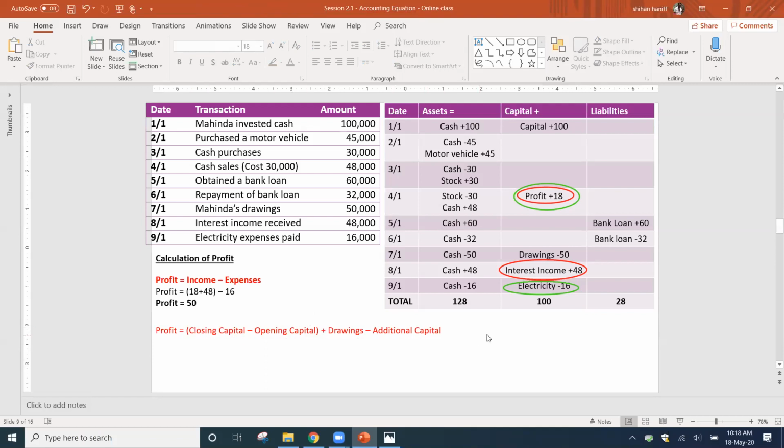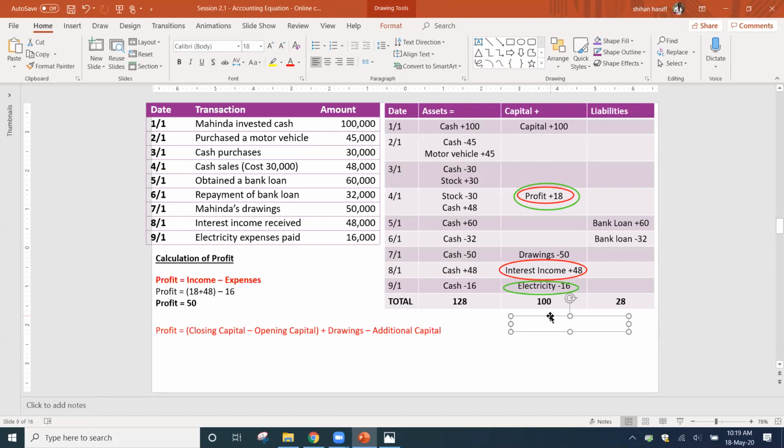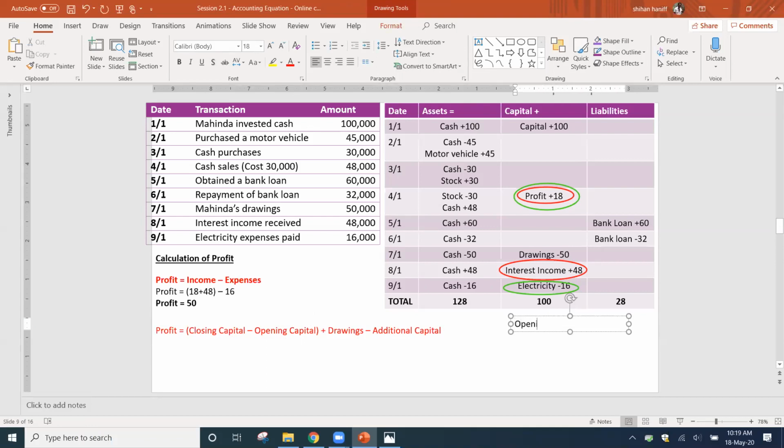So how do we derive this equation? From the opening capital, we add if there is any additional capital. And if the owner has taken money, that will be deducted. And we add the net profits.